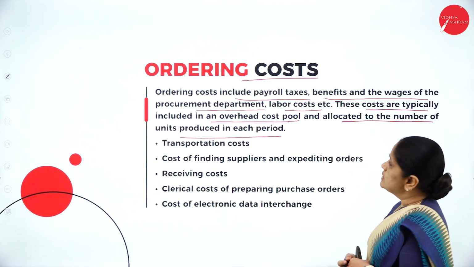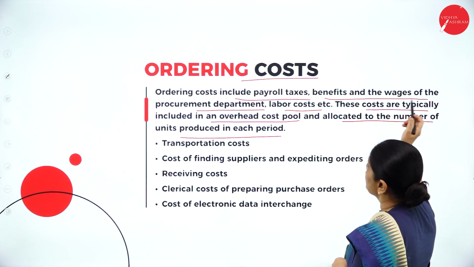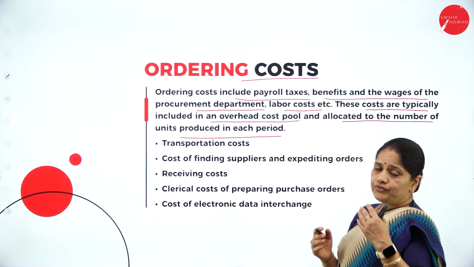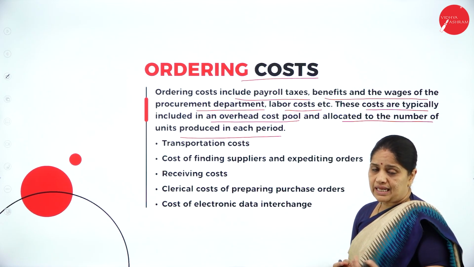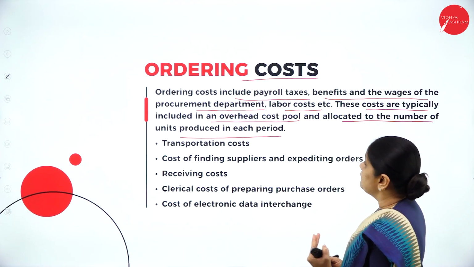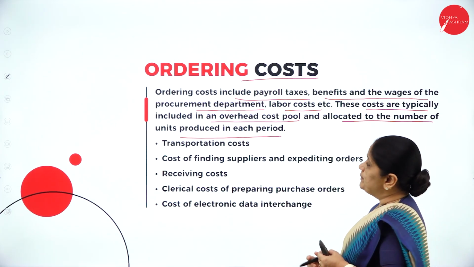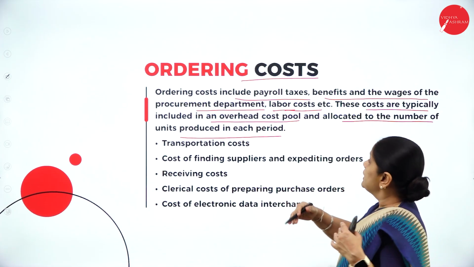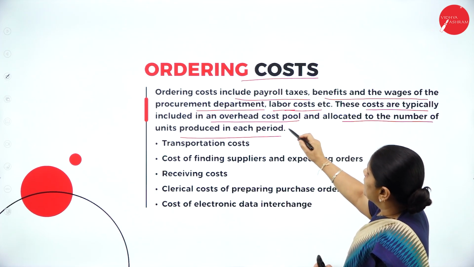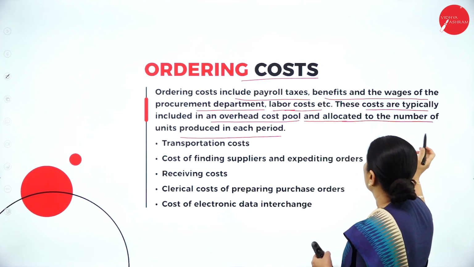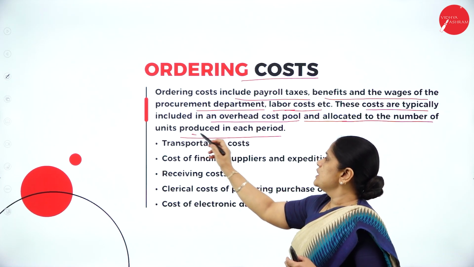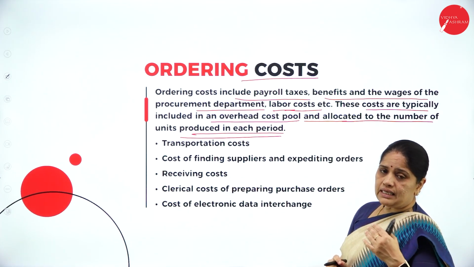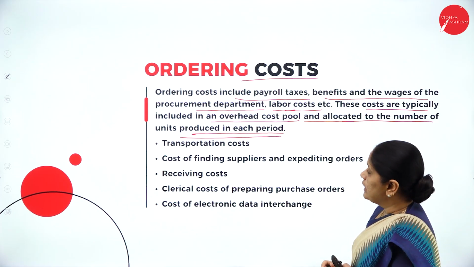So for the procurement or purchase department, whatever taxes you are paying and whatever wages you are paying, all that will be included. Then the labor cost, that is loading and unloading the materials. All these costs will be included in the ordering cost.